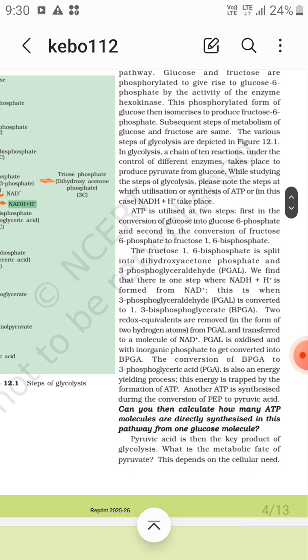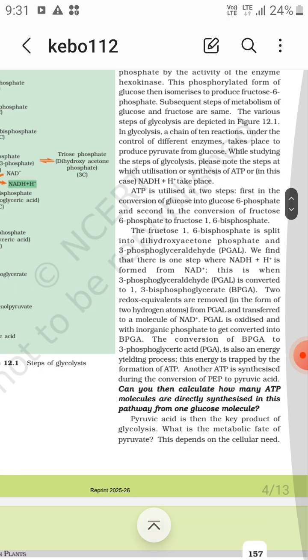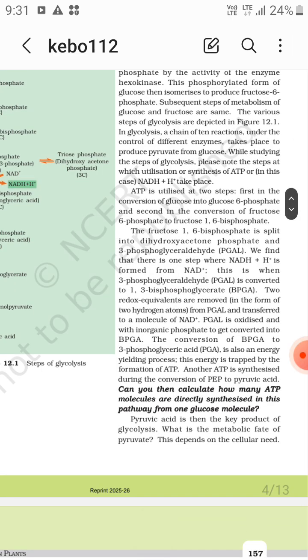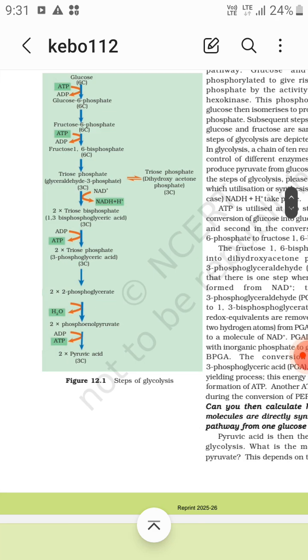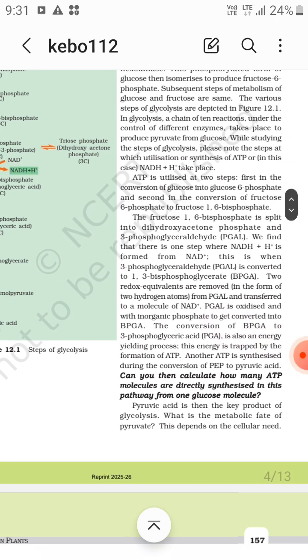Now 2 redox equivalents are removed from PGAL and transferred to a molecule of NAD plus. PGAL, that is 3-phosphoglyceraldehyde or glyceraldehyde 3-phosphate, is oxidized, and with inorganic phosphate it gets converted into BPGA.